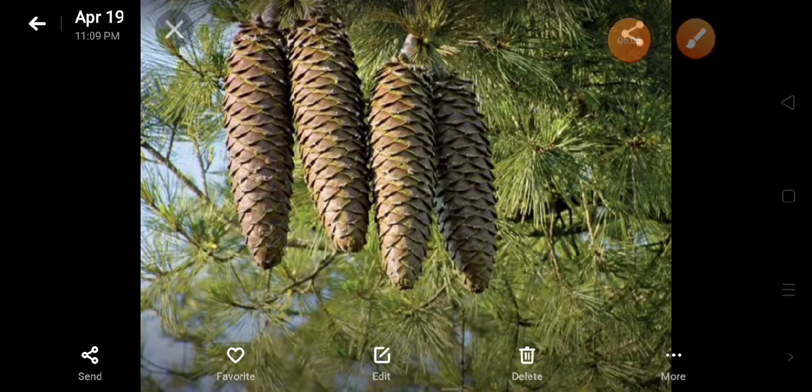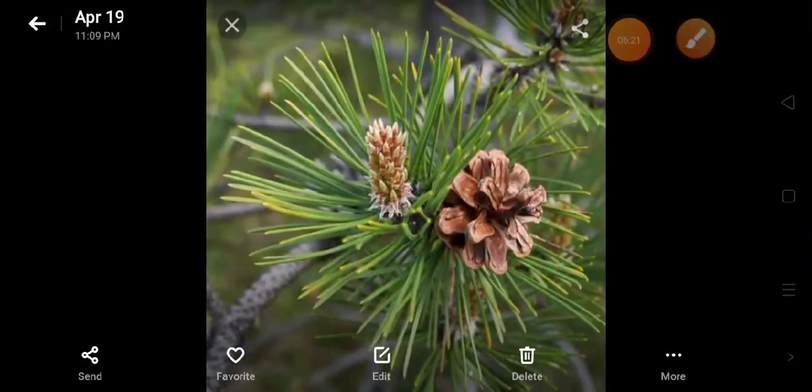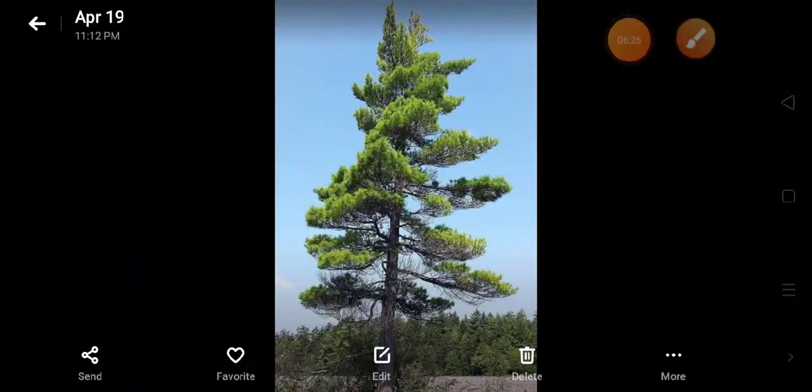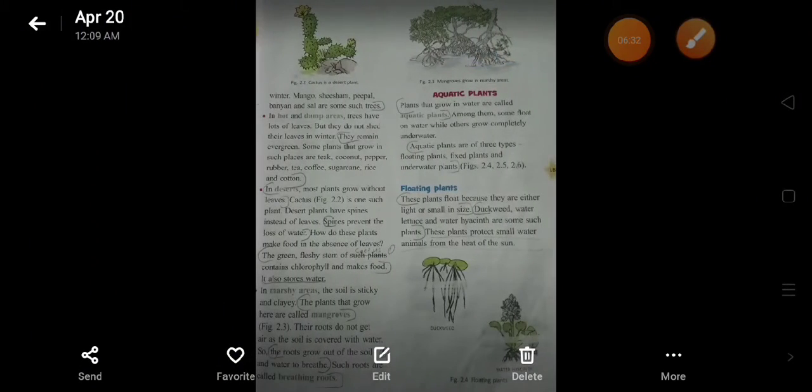And the trees that grow in hilly areas are pine, fir, deodar, spruce, etc. Now see the images of plants that grow in hilly areas.